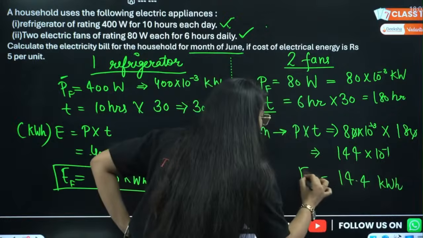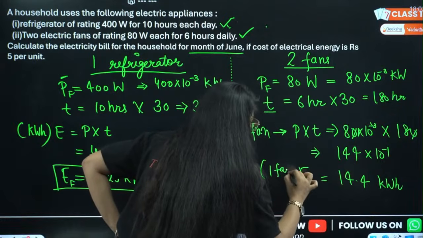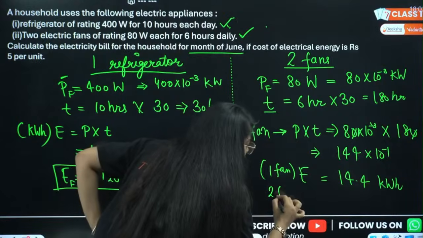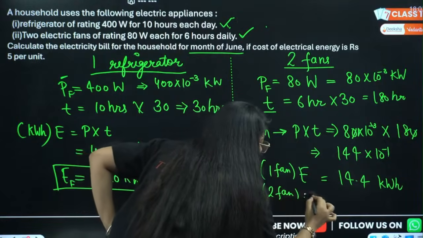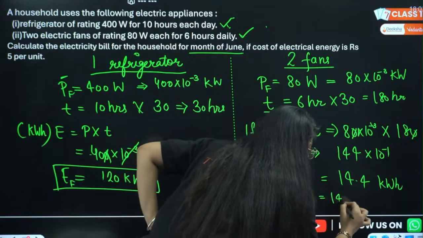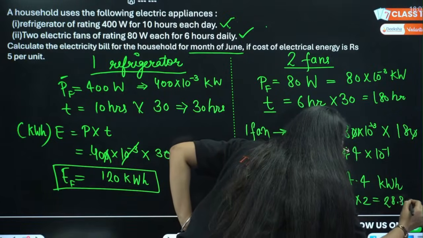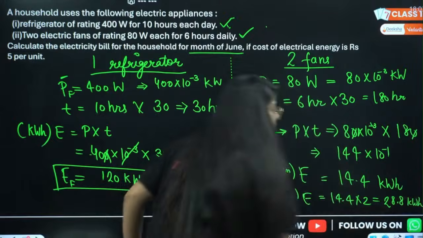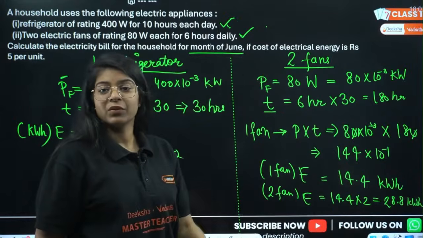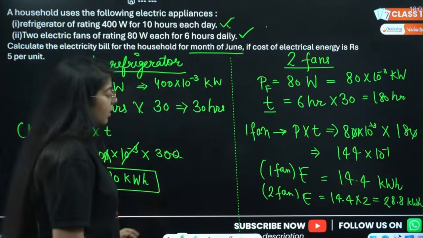But that is for one fan, okay? For two fans, what will the energy be? 14.4 into 2, that is 28.8 kilowatt hours. Understood?